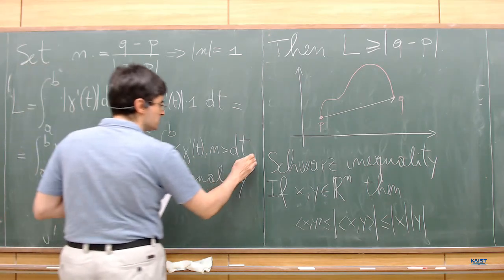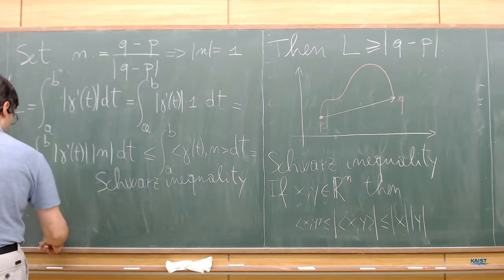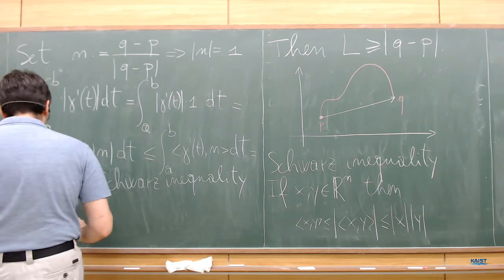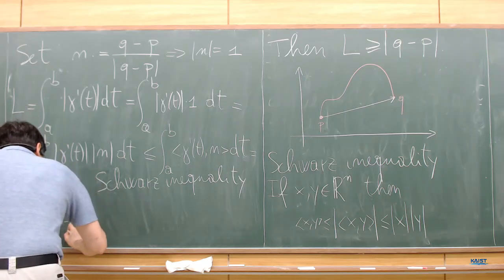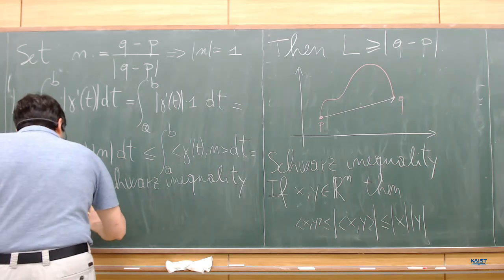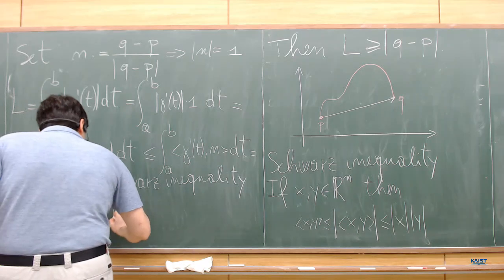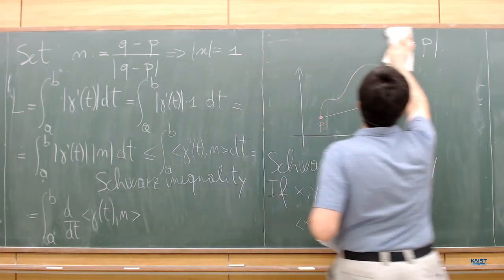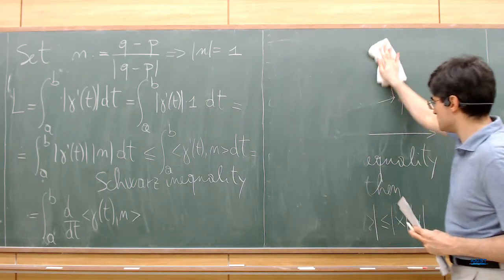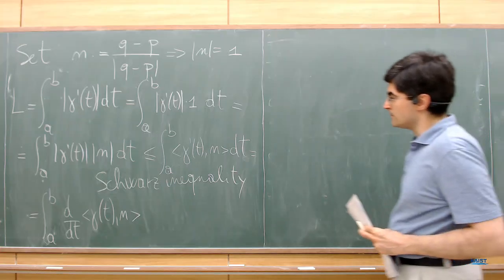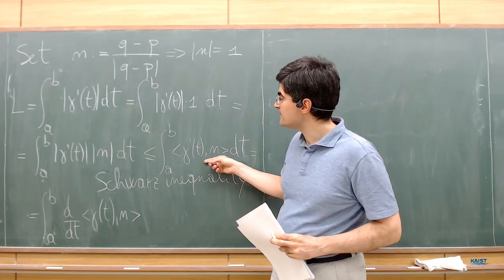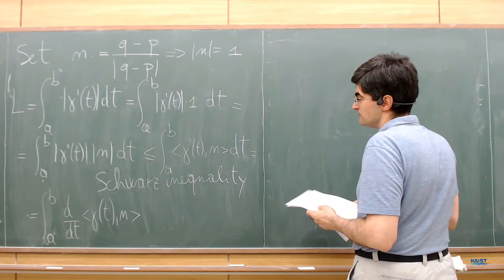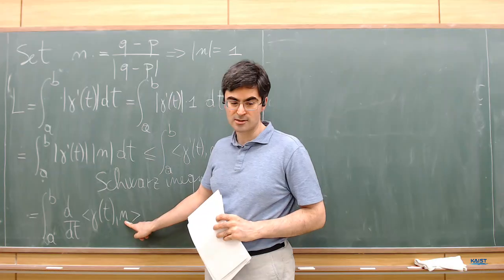But this integral can be written as the integral from a to b of the derivative with respect to time of the inner product of gamma of t with n. The equality between this integral and this integral follows immediately from the fact that n is a constant vector.